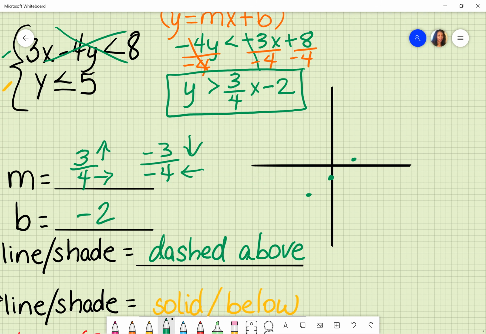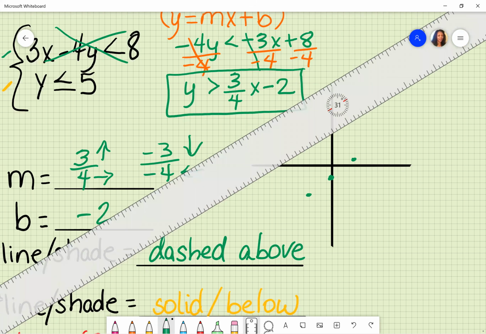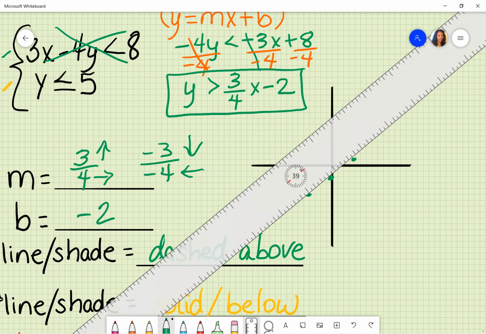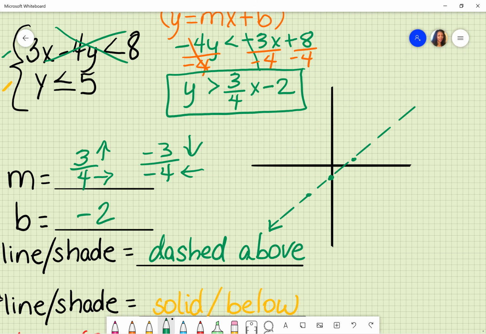Again, I am creating a line, but this line is dashed. So I want to keep that in mind. That's why I like putting my little notes there, because otherwise you're going back and forth, trying to see what am I doing. And I'm shading above according to my notes.